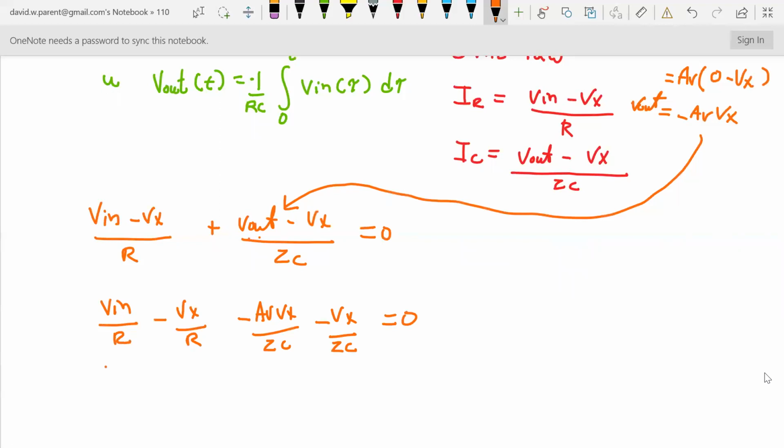So Vn divided by R is going to equal Vx times 1 over R plus AV over Zc plus just 1 over Zc.